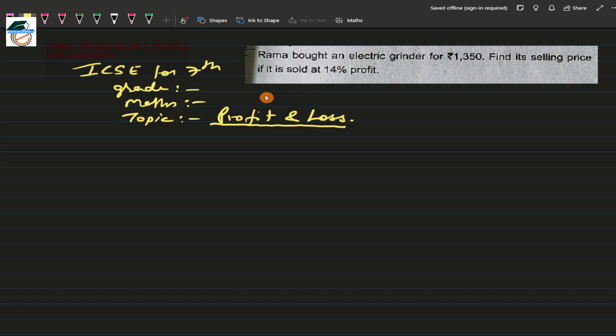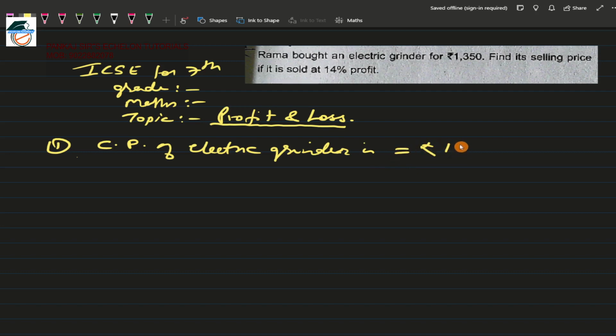So in this series, this is the next question. This is question number 1, and it says Rama bought an electric grinder for rupees 1350. So the cost price of the electric grinder is equal to rupees 1350.